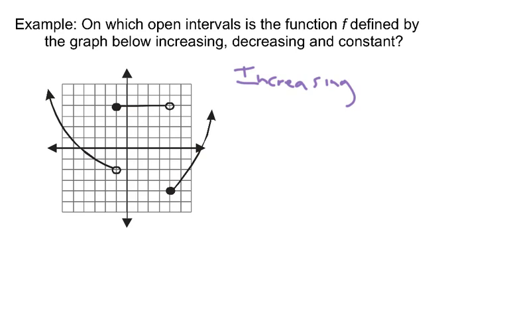And what you do is you imagine, as you read the graph from left to right, is there an interval where while you're passing through that interval, the y values are increasing, going up? Well, not back over here.